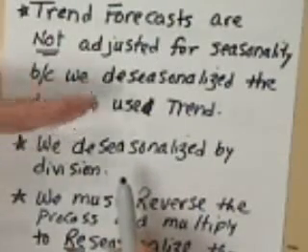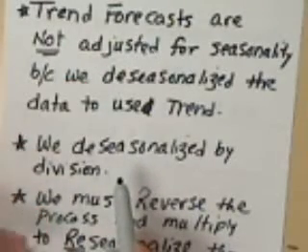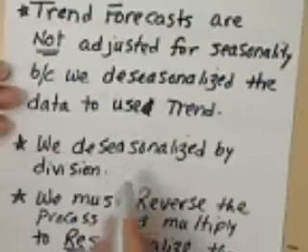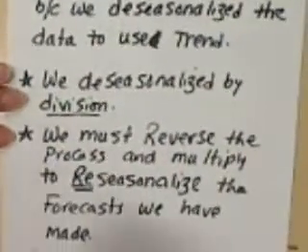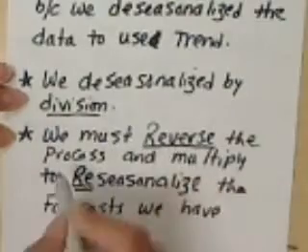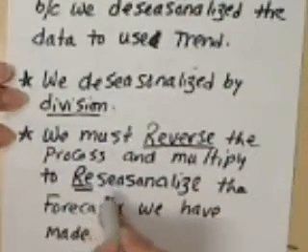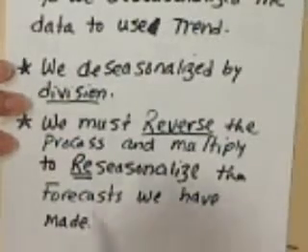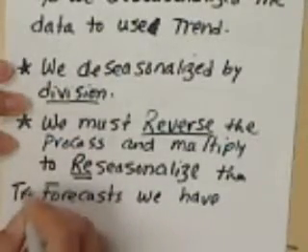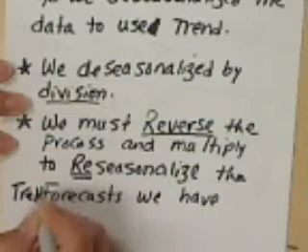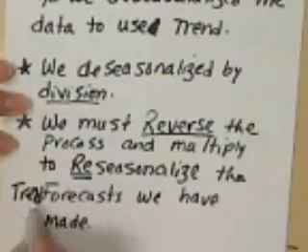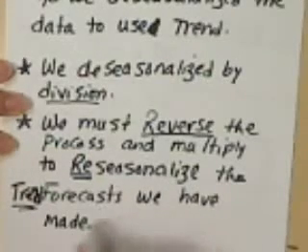Remember, we took the actual value and we divided it by the seasonal index. So we used division to deseasonalize the data. Now we must reverse the process and multiply to re-seasonalize the trend forecasts that we have made.